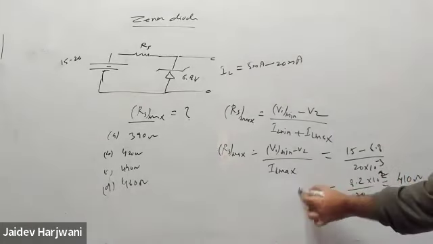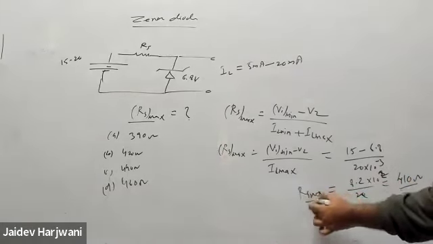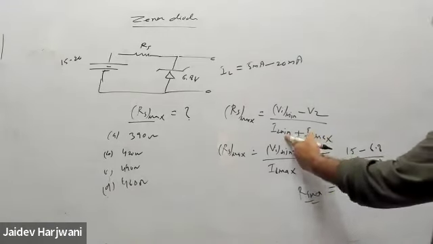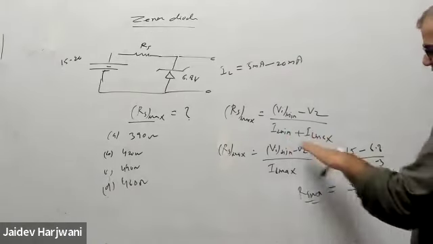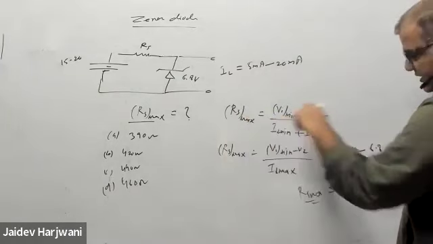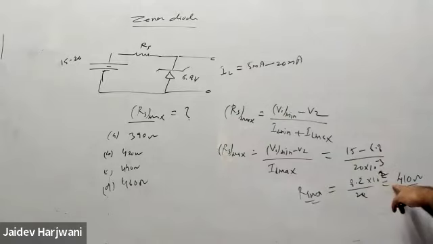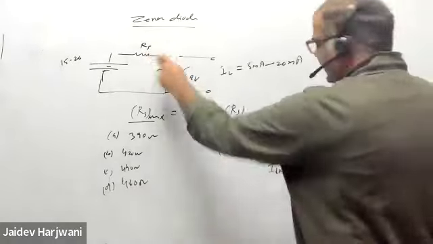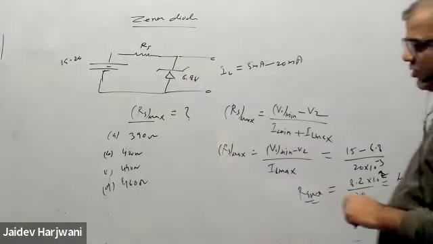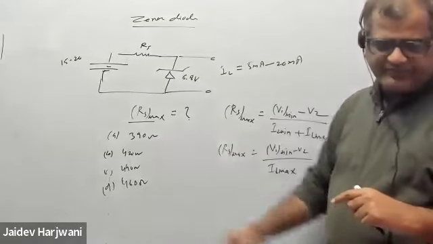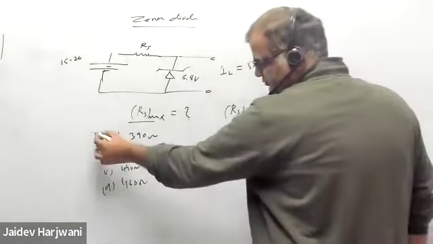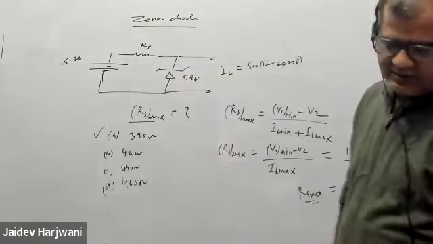So the RS max limit, when putting IZ minimum 0, I'm getting 410 ohm. That means the actual limit is less than this one. So this is the RS max value, and your R should be less than this value. Out of these 4 options, which is less? Option A. So this is the correct answer.